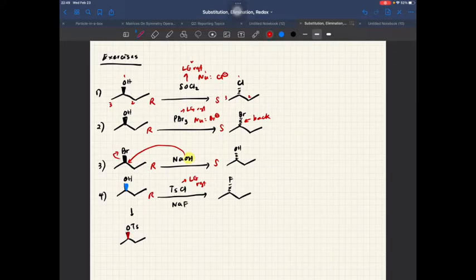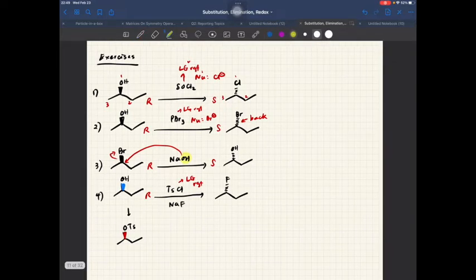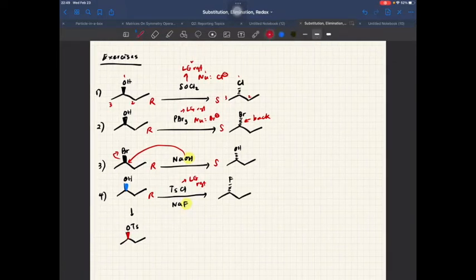So now the bond is labeled in red, meaning this is a weak or polarizable bond. Because of that, the fluoride could easily attach itself. Sodium fluoride is a source of fluoride nucleophile, causing the backside attack of fluoride on the molecule, thus forming this S enantiomer product.